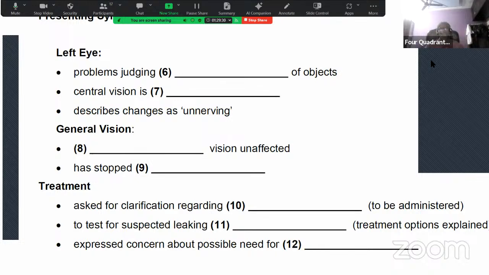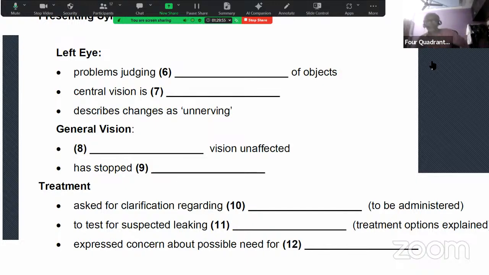I'm going to play after this one. You have to get 12 out of 12. Next one. Injection.